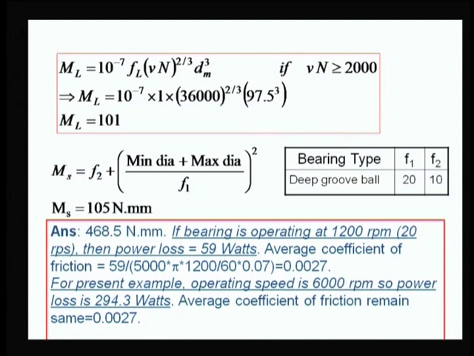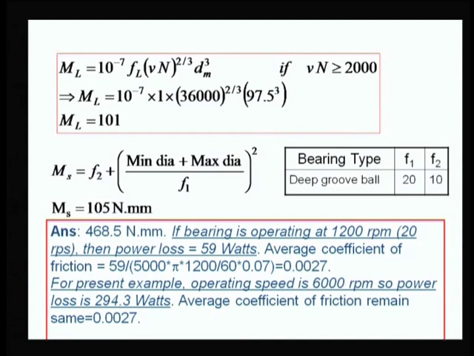If I assume 6000 rpm, it will be 59 watts into 5. So roughly 300 watts we are going to lose in this bearing, which is significant. Almost half of an HP, or slightly less than half HP, is going to be lost in a bearing.